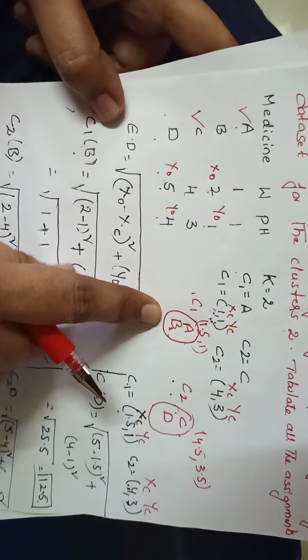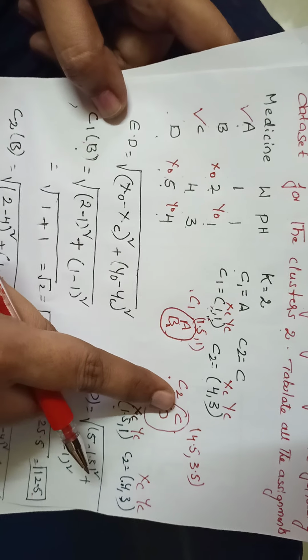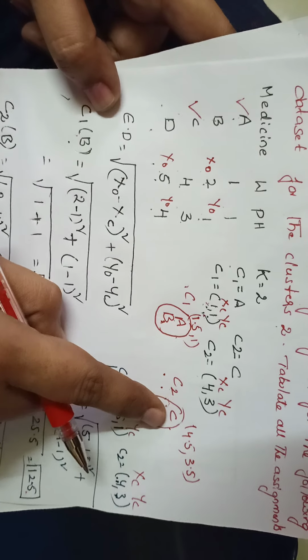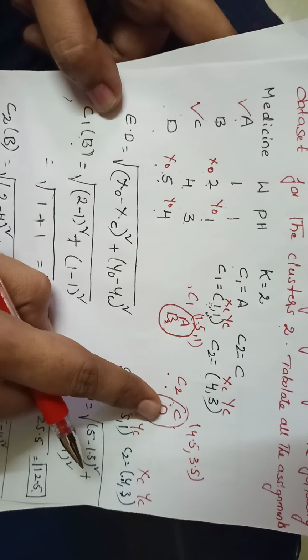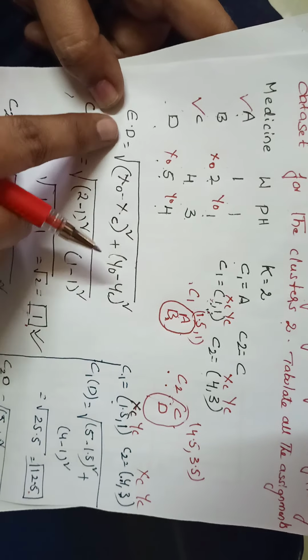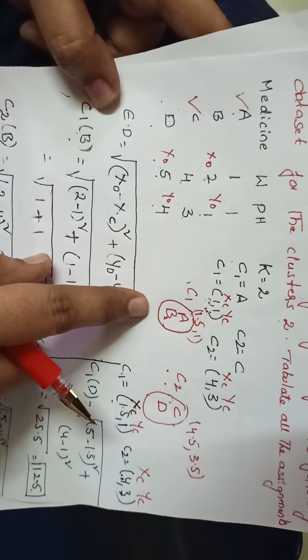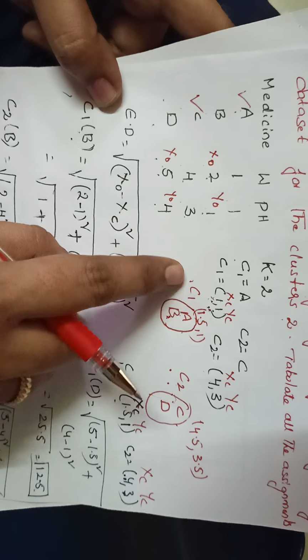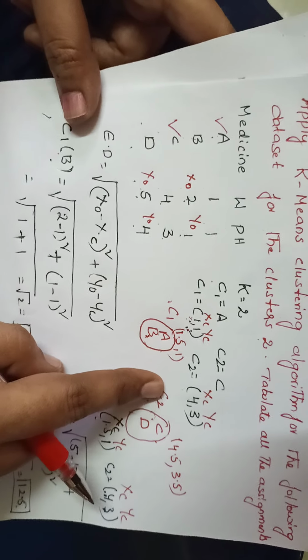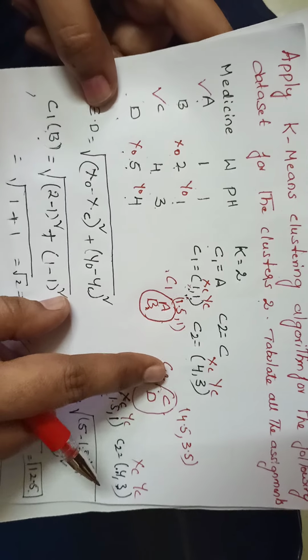We grouped them into 2 clusters, C1 and C2. We can randomly choose A and C first. Now B and D, which clusters will they go to? Then we conclude by calculating the Euclidean distance. We can come to know that A and B are cluster 1 and C and D are cluster 2. Hope you all understood. Okay. Thank you.